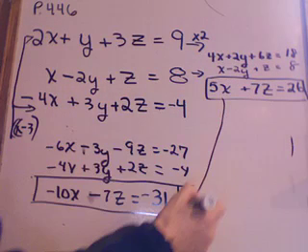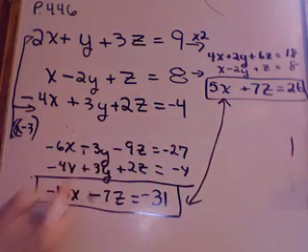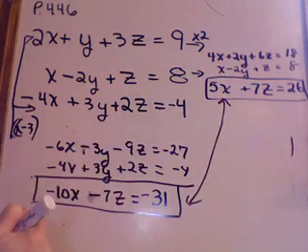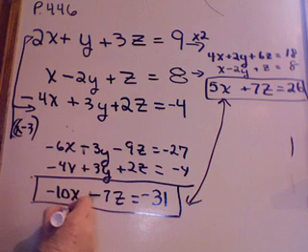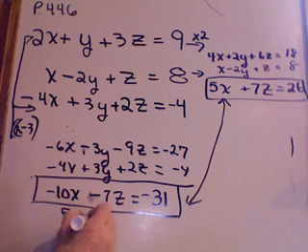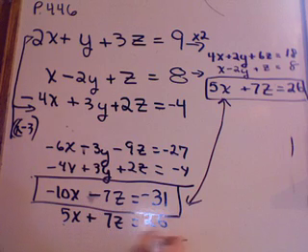These two equations, I still have an unknown of x and z, but I could add them together, right? So let's try to do that. And I'm going to just write 5x plus 7z equals 26.